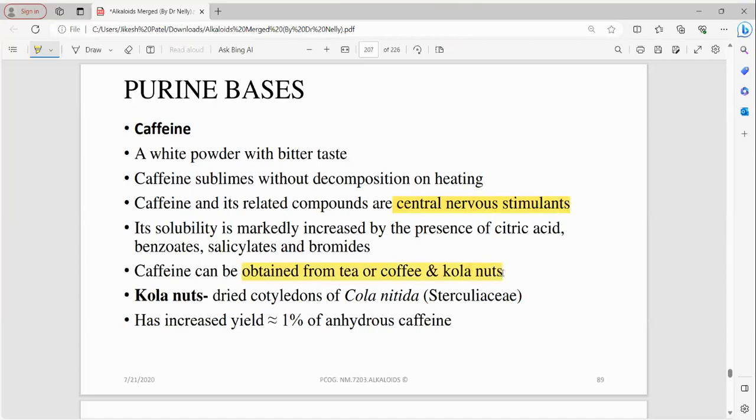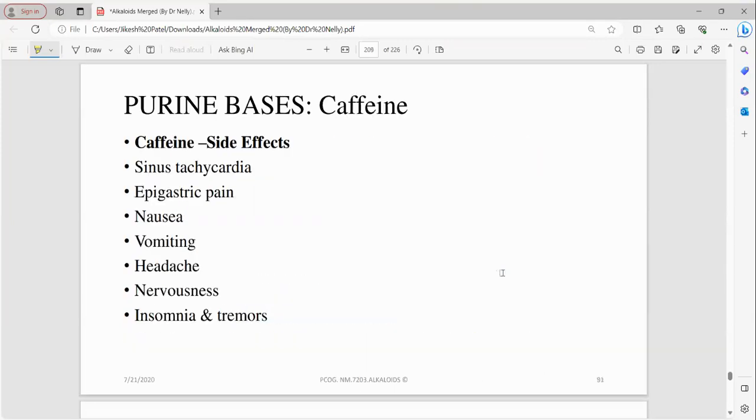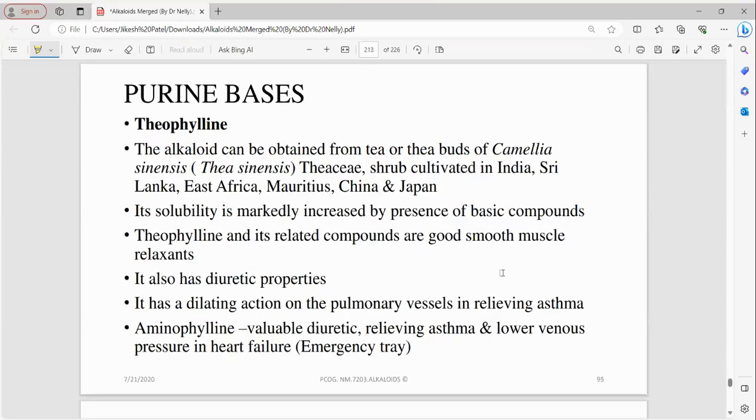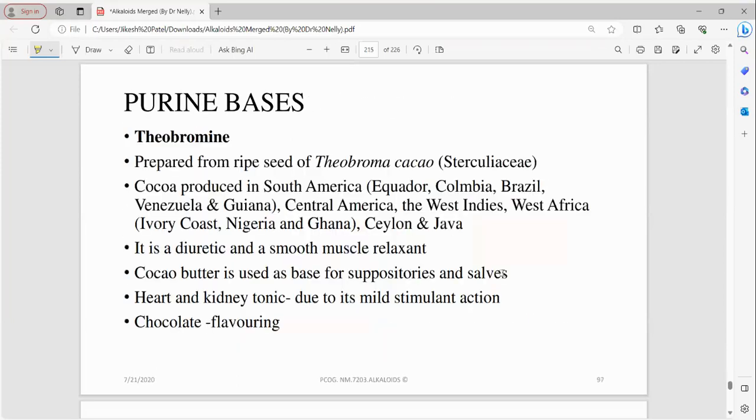Theophylline, we remember from asthma, was a bronchodilator. Theobromine is the ingredient in chocolate, used mostly in chocolate and flavoring.